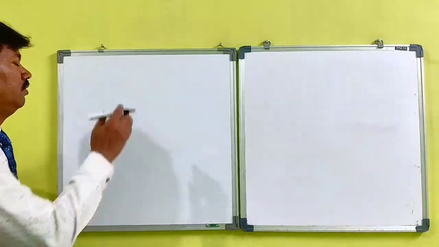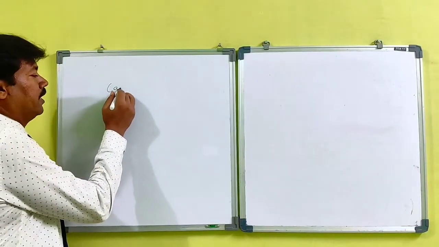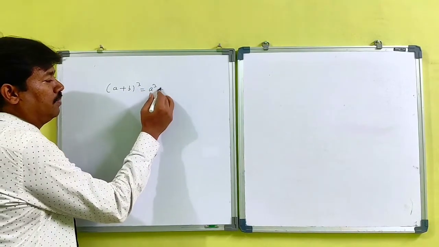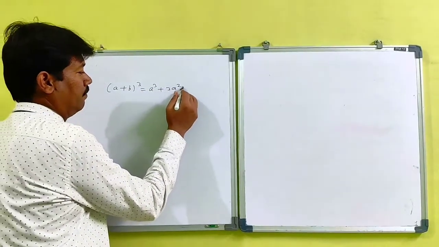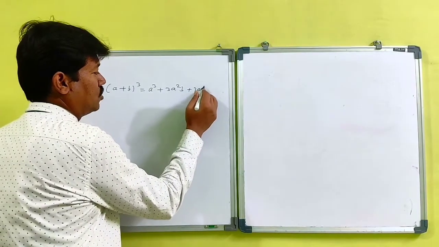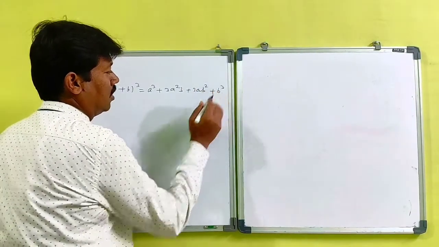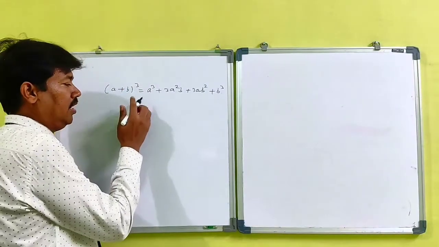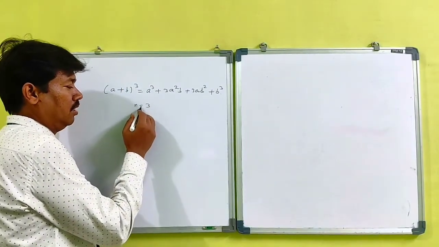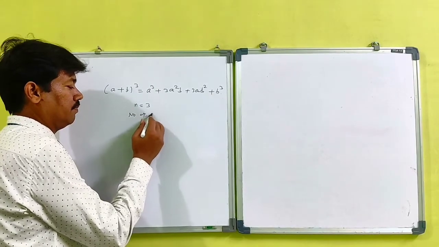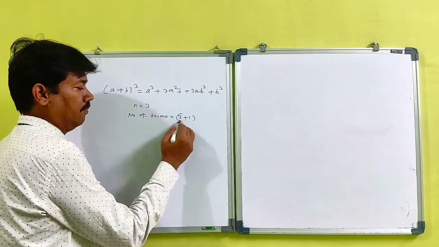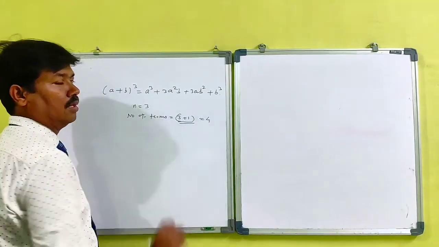Suppose you look at the very simple expression (a + b)^3, which is equal to a^3 + 3a^2 b + 3ab^2 + b^3. Here we already know that when n is equal to 3, the number of terms is always 3 + 1, that is 4.